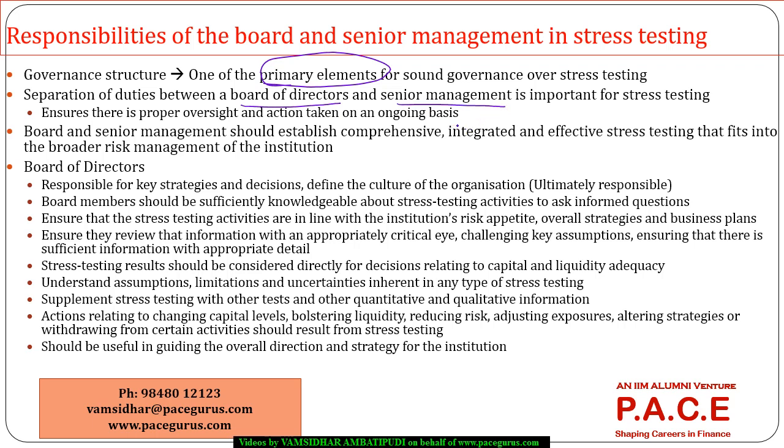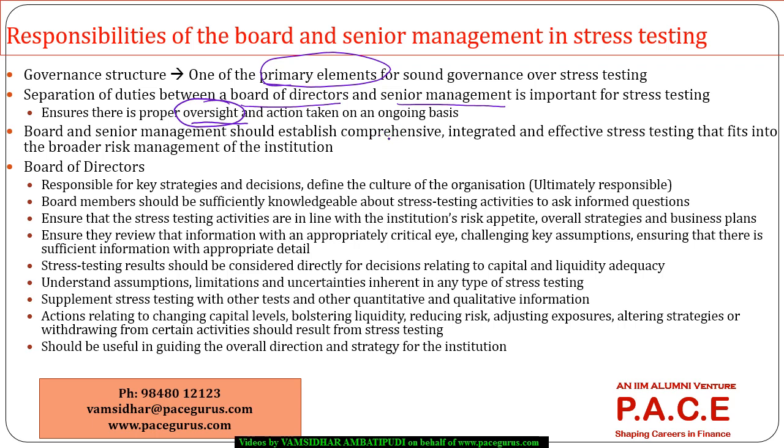We need a clear cut roles and responsibilities segregation between the two, because that will ensure that the one who is really responsible for a particular process is taking that particular process very seriously. Oversight will be a much proper oversight on an ongoing basis.